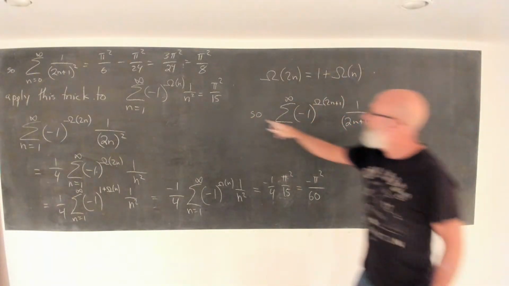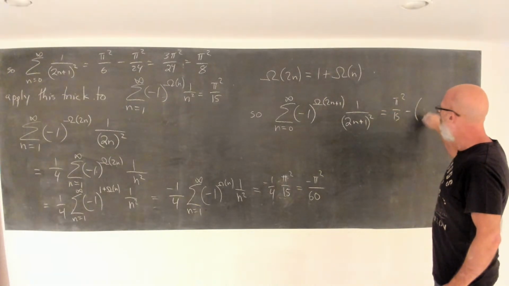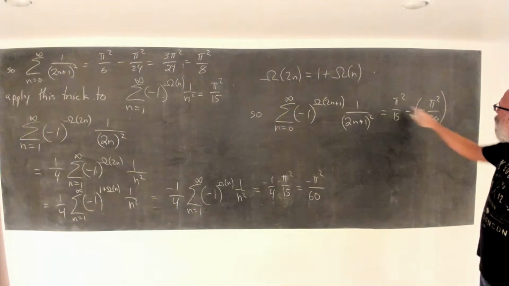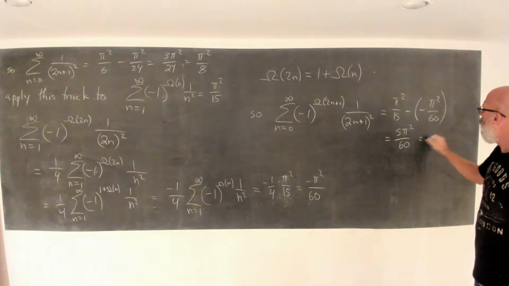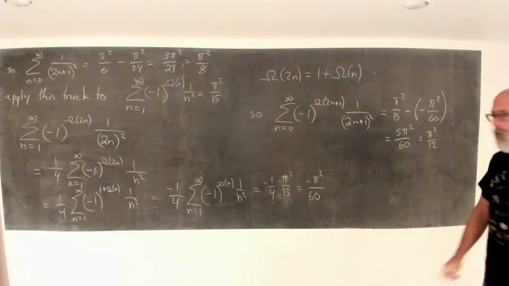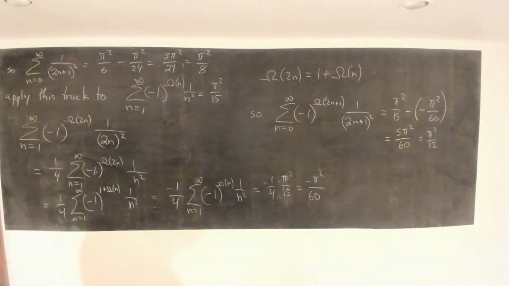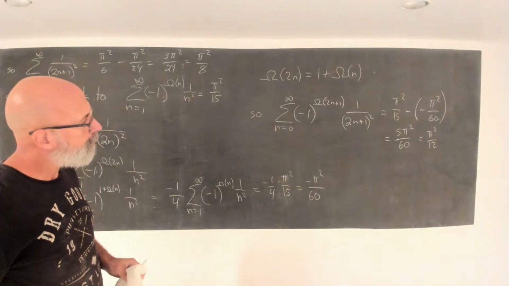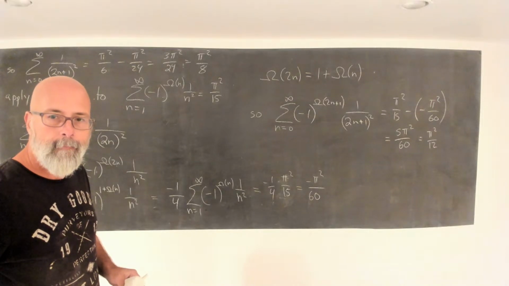So the odds is everything minus the evens. So that is 4 plus 1 is 5, 5 pi squared over 60, or pi squared over 12. So if you're summing over the odds, pi squared over 12. How are we doing? Questions here?